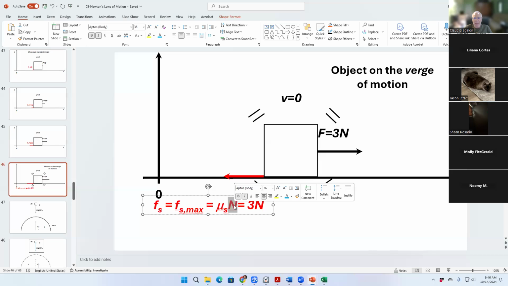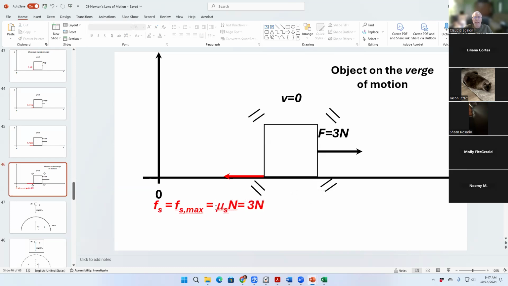Every force of friction is always proportional to the normal, whether dynamic or static. And this maximum value of the force of static friction is going to be equal to the normal times this coefficient that I call the coefficient of static friction, which I'm giving here a value of 3 newtons.